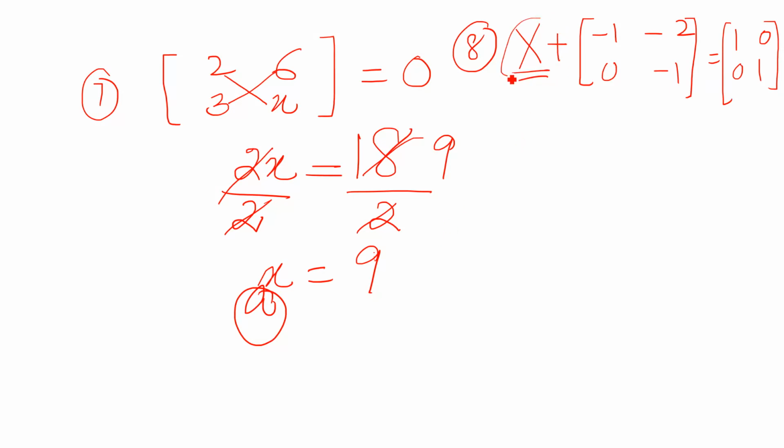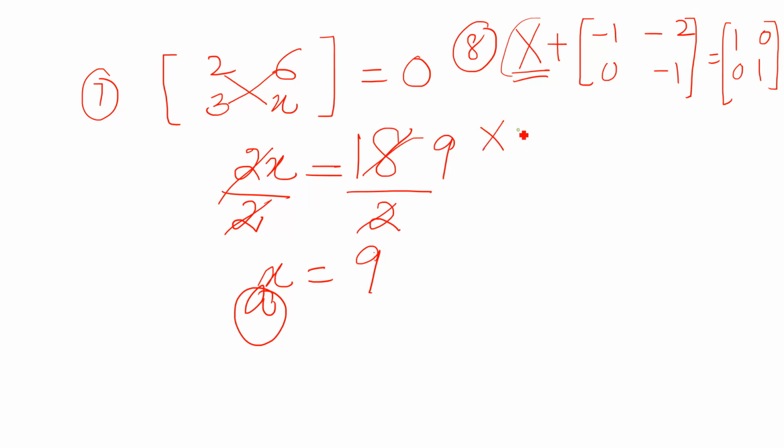See, same thing. Here you have to find out the value of x. Sorry, here is x and this is capital X, no problem. But here is positive x plus this. When this matrix goes to the other side, it will be negative. But in the previous one the relationship was multiplication, so we did division.